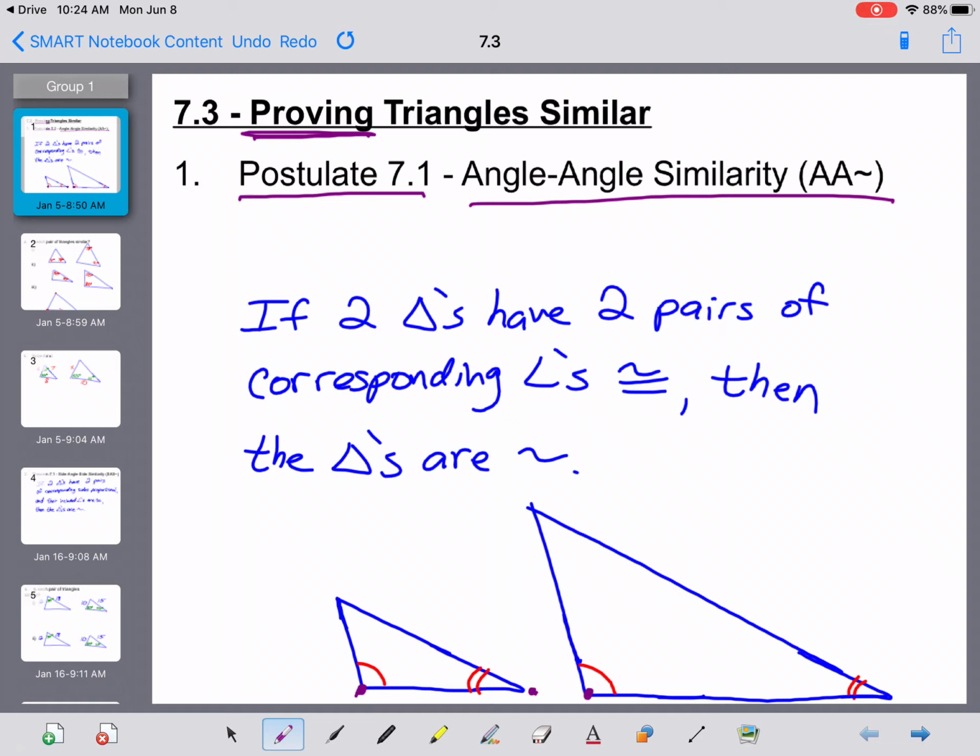So these two angles here are congruent to each other. Then two tick marks here and two tick marks here, that tells us that those two angles have to be congruent. So in this diagram, we can deduce already that these two triangles have to be similar to each other simply because they have two pairs of corresponding angles. There's the angle-angle similarity that we were looking for.